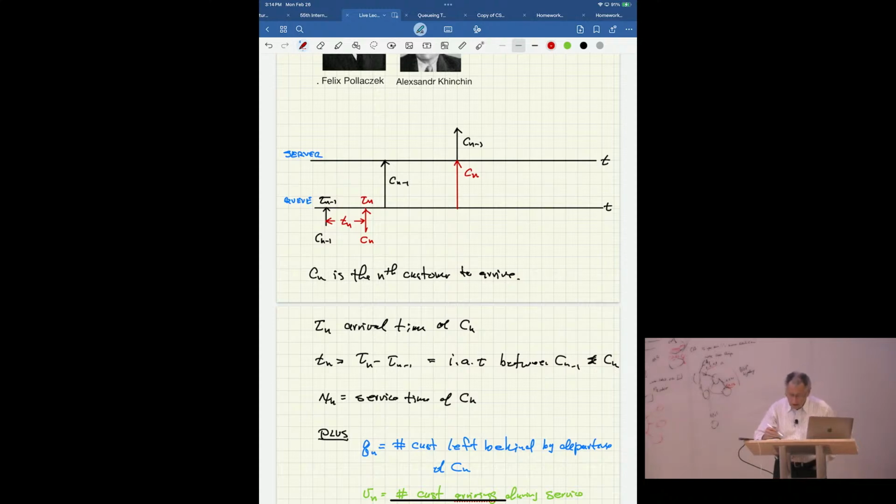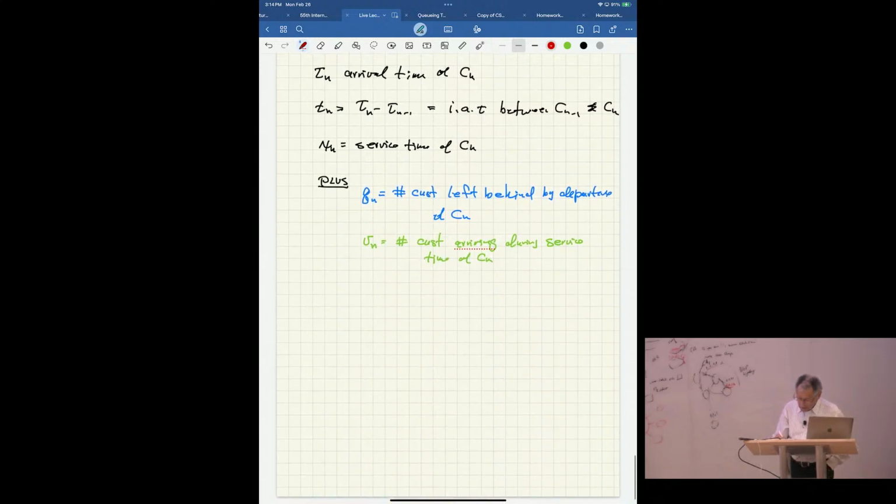And if I draw a line here, what is the interval I'm identifying now? Waiting time. That's how long this guy, number Cn, waits in the queue before he goes into service. I'm going to call that W sub n. So I'm going to put that down here on my list. W sub n equals the waiting time in queue for Cn.